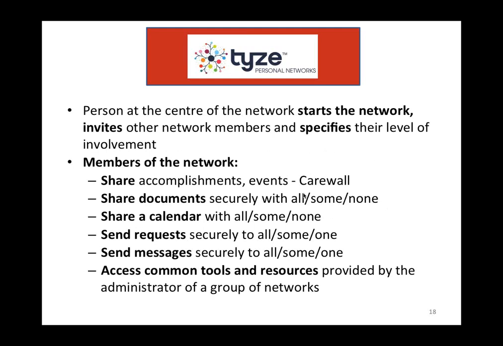And the third element is what it does. The members of the network can share information, share documents. So there is a central library, share a calendar, send requests, send messages, access common tools and resources. We cannot describe too much because it will take 1 hour.